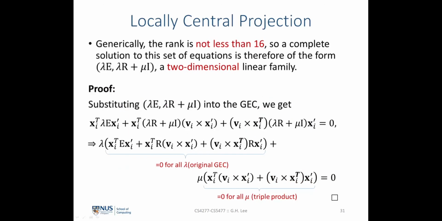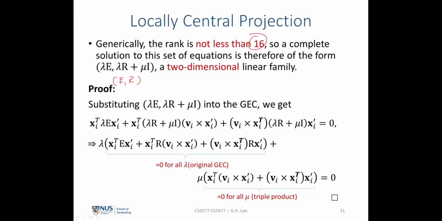And generically, the rank is now not lesser than 16. That means that a complete solution to this generalized epipolar constraint will therefore have a two-dimensional linear family of solutions given by E and R, which is the general solution that we have seen earlier on.